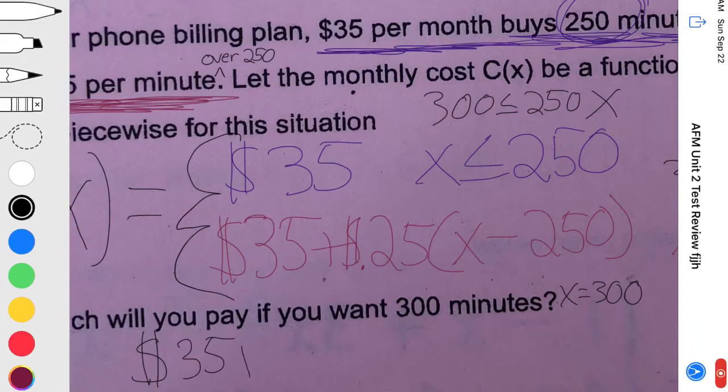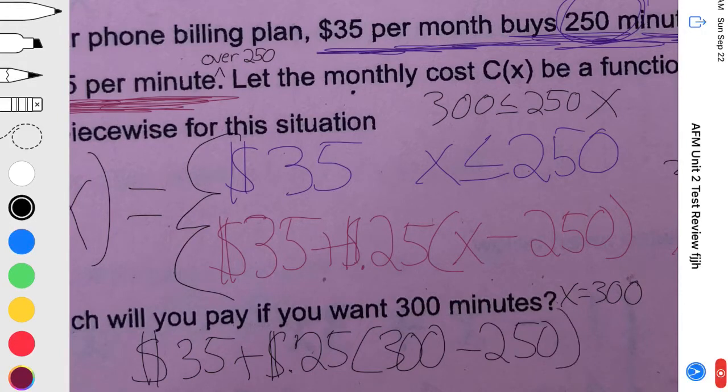So 35 plus our 25 cents. Our X is now 300 minus 250. We're substituting that in, and we're typing it into our calculator.